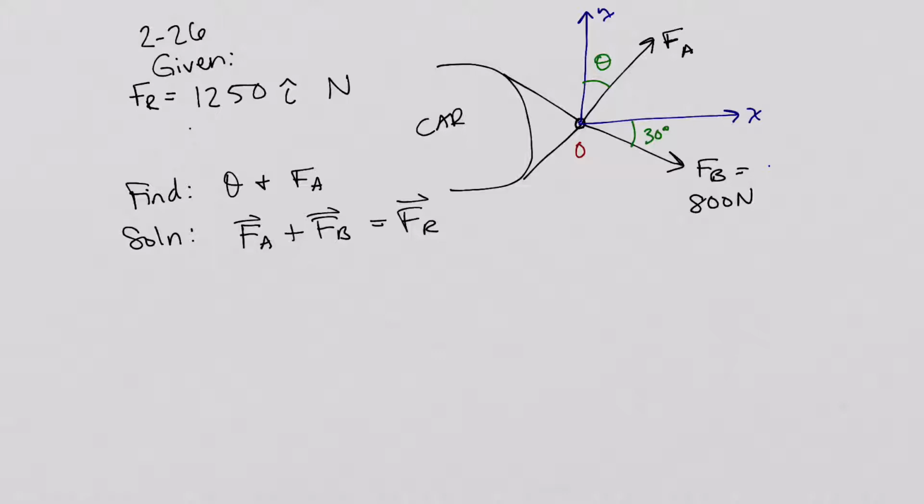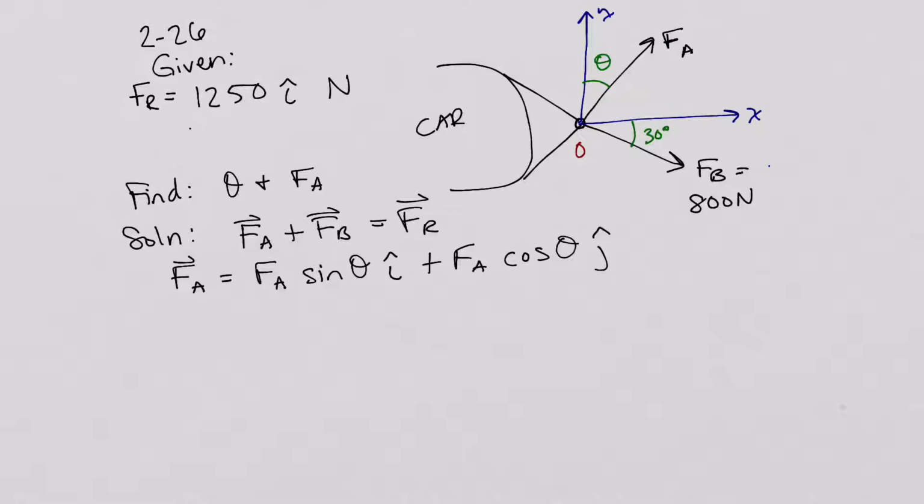So FA is going to equal that magnitude of FA, and for the i direction we want along that x-axis, so that would be sine of theta, and that's in the positive x direction. And then for the y direction, or the j component, it'll be plus FA because this is also up, and then cosine of theta j because cosine is the adjacent one, so that would be along that y-axis.